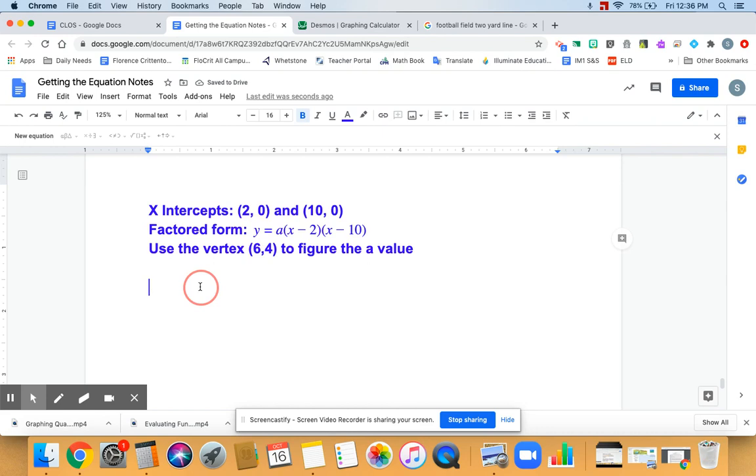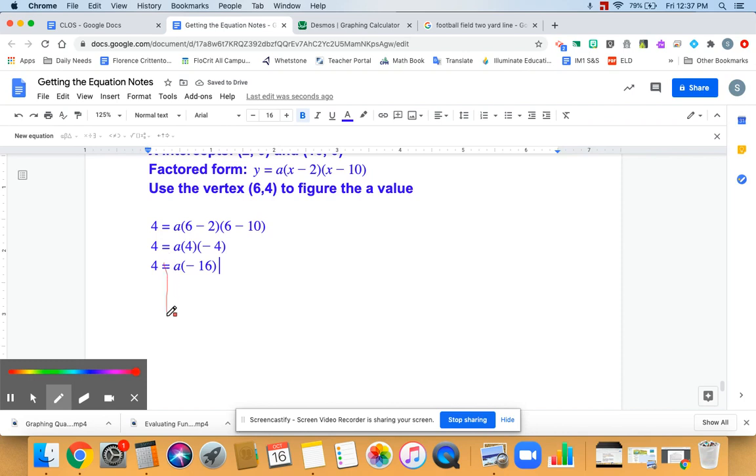So if I take my equation, if x is 6, then the answer should equal 4, according to my vertex. So if I solve this math, 6 minus 2 is going to be positive 4. Then 6 minus 10 is going to be negative 4. Then 4 times negative 4 is negative 16.